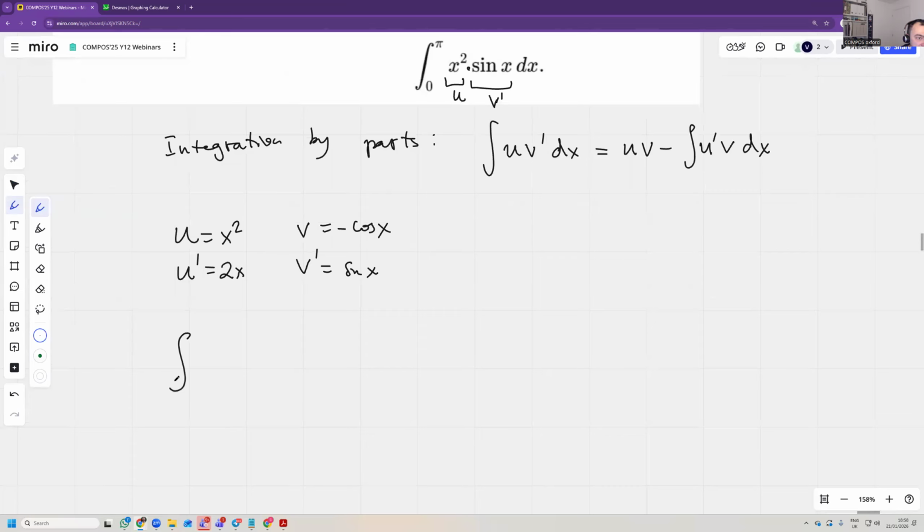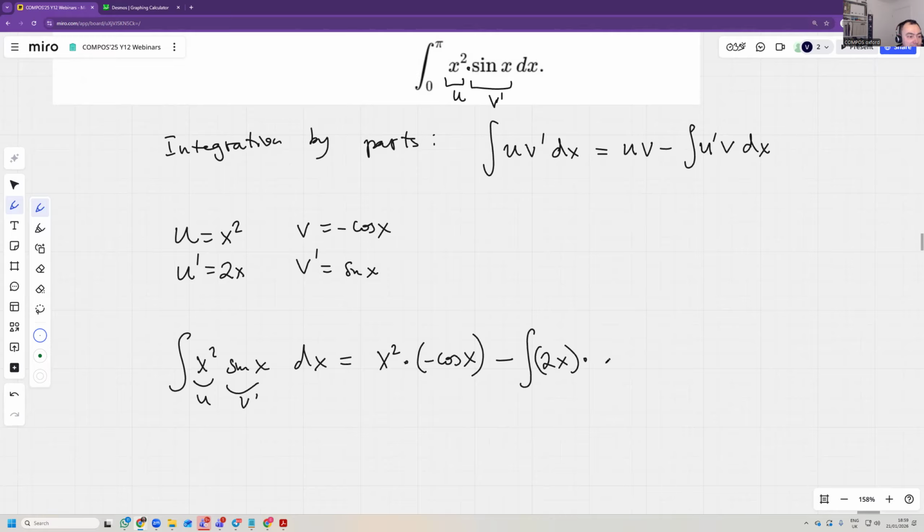And so the integral of x squared sine x dx, because this is u and this is v dash, can be written as x squared multiplied by negative cos x, minus the integral of u dash, which is 2x, multiplied by v, which is minus cos x dx.